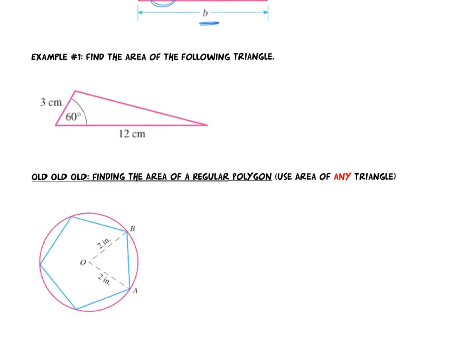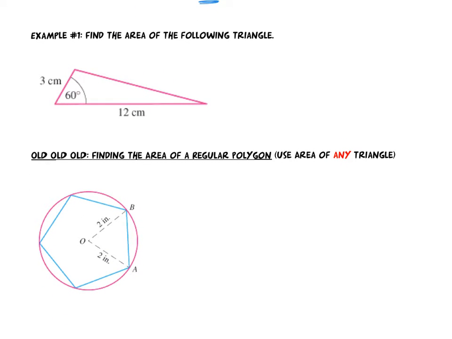So looking here, find the area of the following triangle. Well, we need to ask ourselves, is this a right triangle? Well, it's not, because I don't have a 90 degree. So now I'm going to use my second option, which is area equals 1/2 side length times sine of my angle of focus, or the angle I'm given.